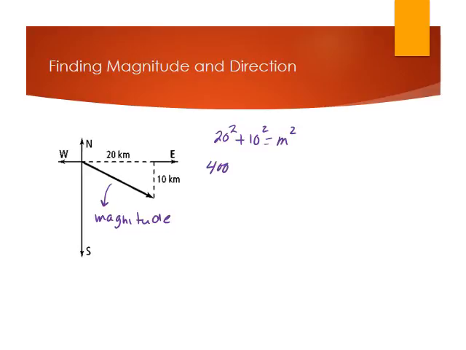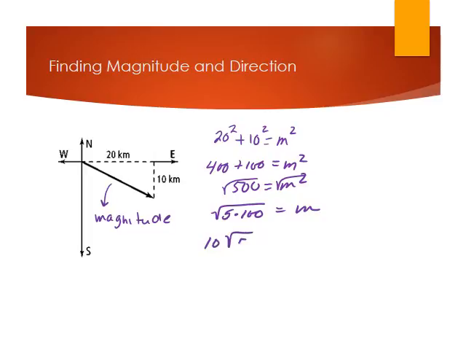So 400 plus 100 equals m squared. 500 equals m squared. If I take the square root of both sides, that's the square root of 5 times 100 equals m. So I know it's 10 root 5. So my magnitude is 10 root 5.